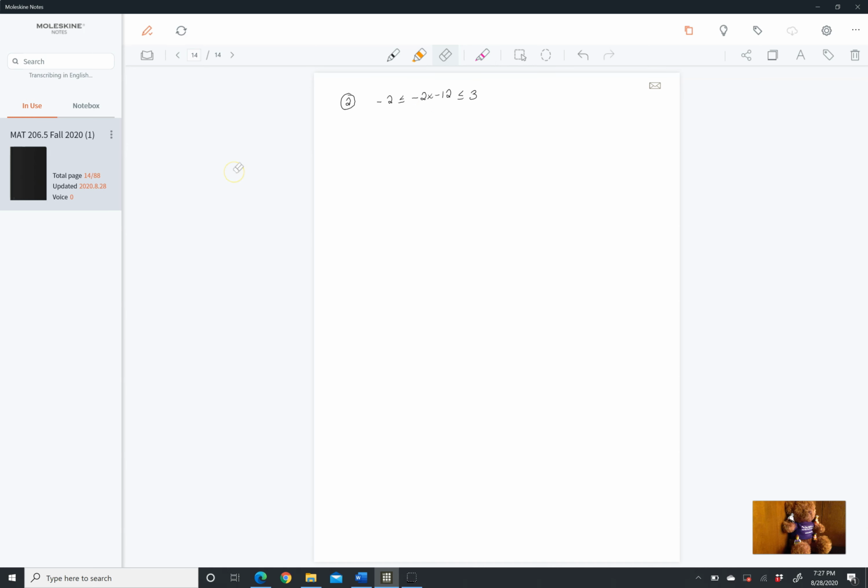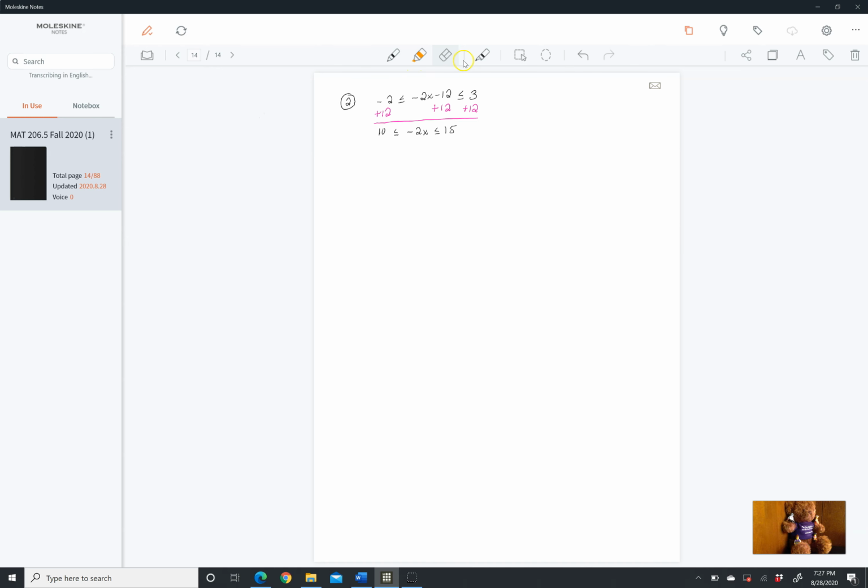So we'll add 12 to both sides. Negative 2 plus 12 is a positive 10. So we have 10 is less than or equal to negative 2x, and 3 plus 12 is equal to 15.